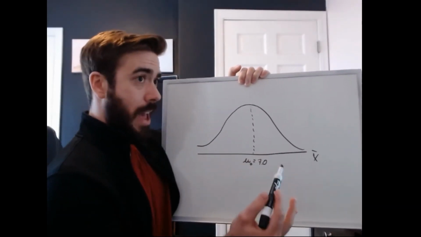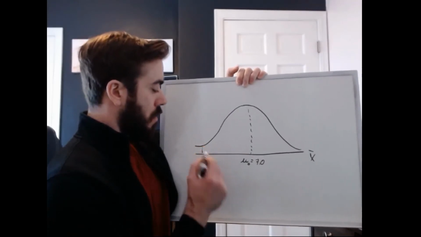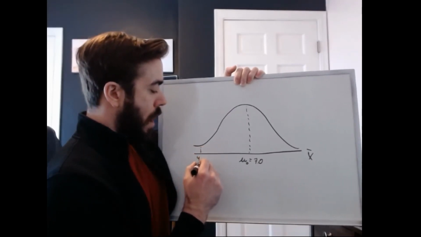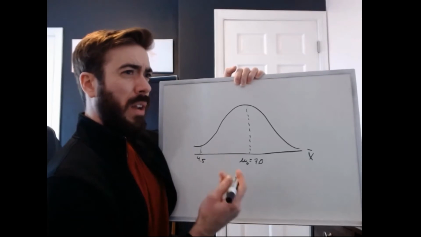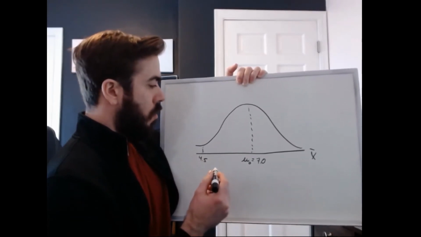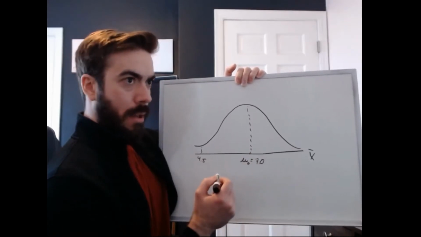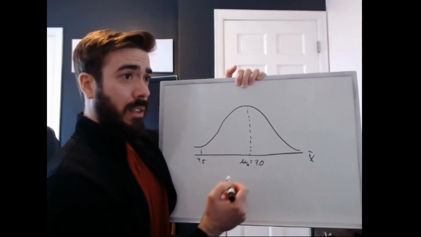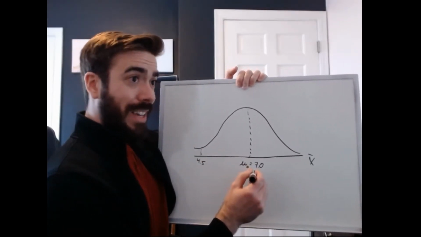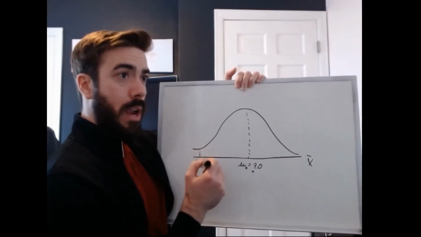Let's say that I do see a sample mean way out here at 4.5%. Well, I could figure out that this is far enough away that I'm going to reject that this is true. But if this in fact is true, then I'm making a type 1 error out here.